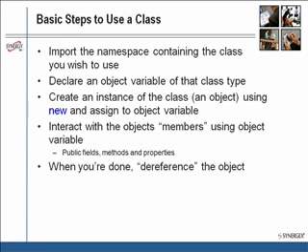Once you've created an object, you can begin to interact with it by referencing its fields and properties and calling its methods. All interaction with the object is achieved via the object variable. Finally, when you're done with the object, you dereference the object variable from the object. We'll talk more about exactly what that means in a little while.